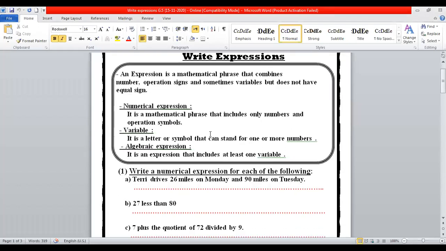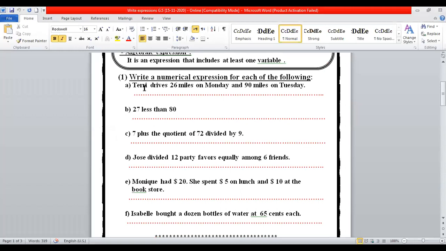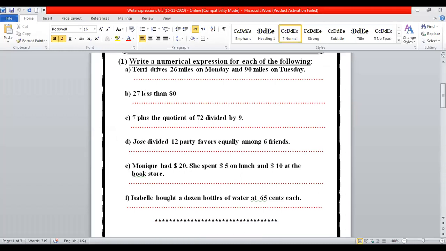Okay. Number one. Write a numerical expression for each of the following. Terry drives 26 miles on Monday and 90 miles on Tuesday.